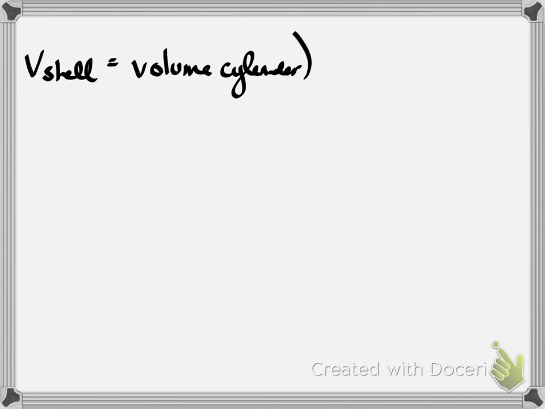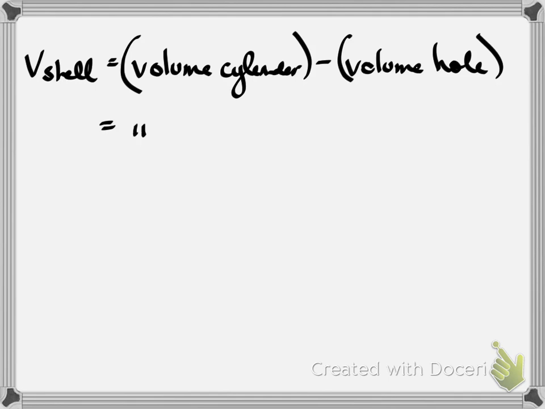So the volume of the shell is the volume of the cylinder minus the volume of the hole. The volume of a cylinder is pi r squared h, minus pi r squared h, because these are both cylinders.